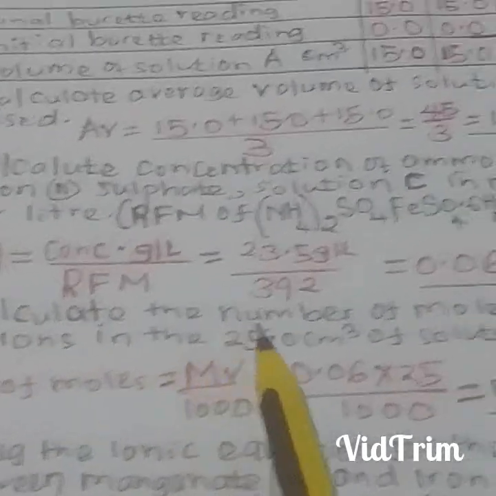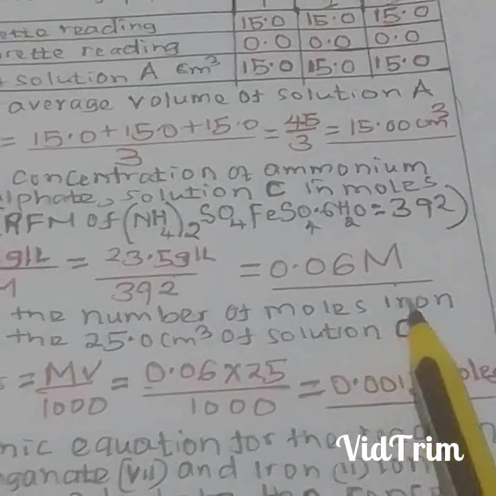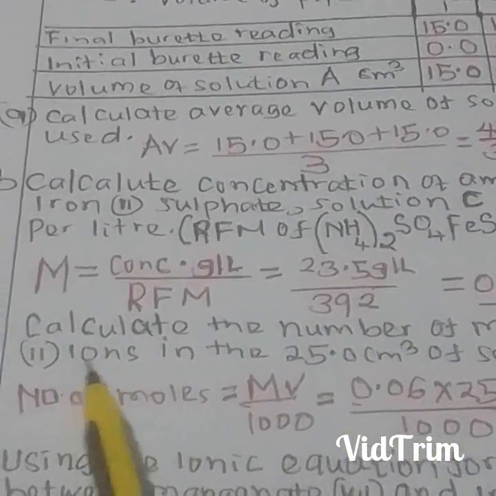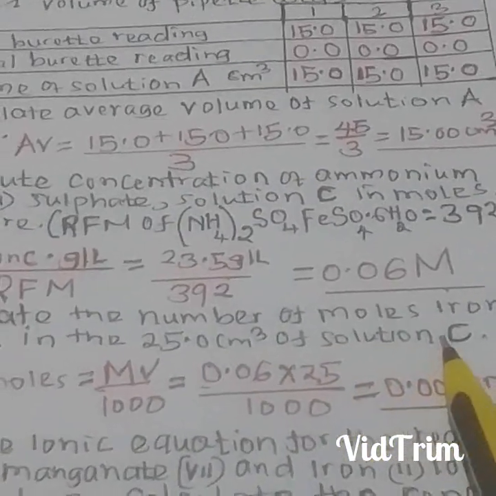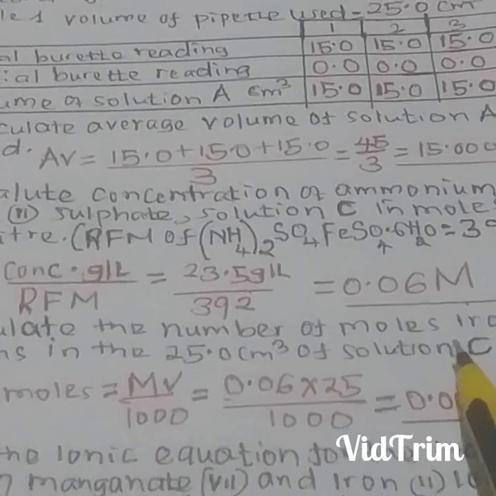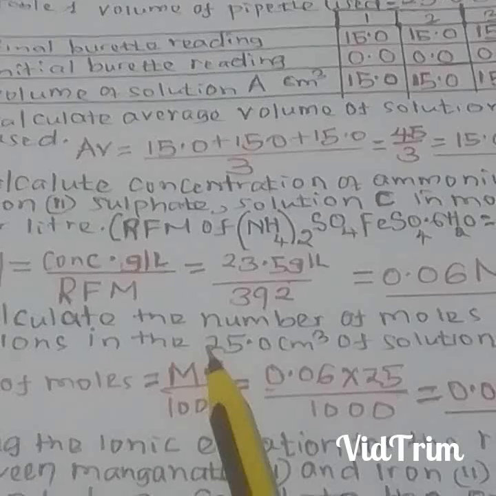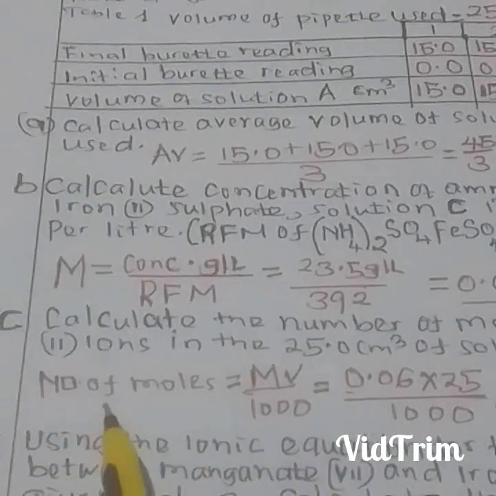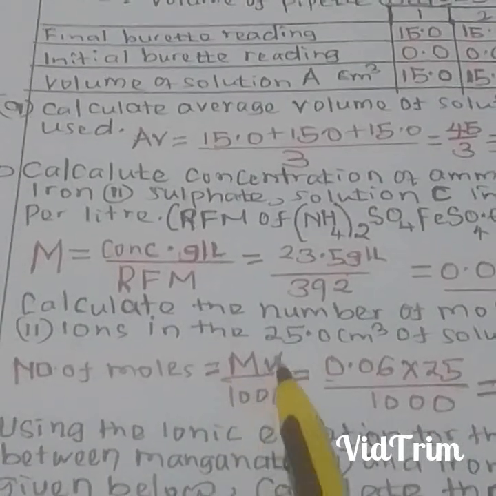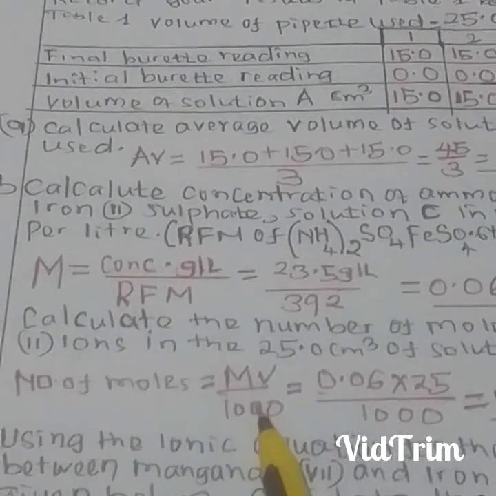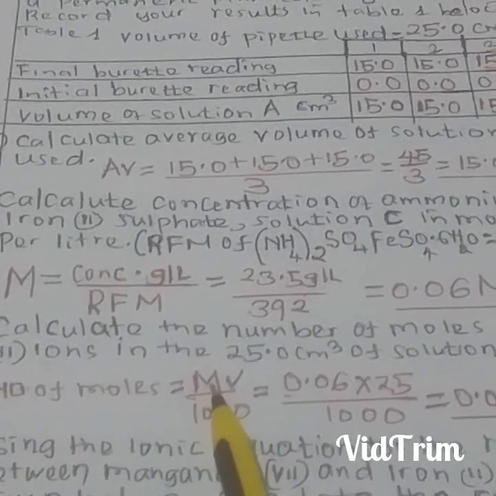C. Calculate the number of moles of iron 2 ions in 25 centimeter cube of solution C. Solution C is containing iron 2 ions. Is it okay, my student? The volume is 25. So there is this formula: number of moles is equal to molarity times volume all over 1000. Is it okay, my student? But do we know the molarity of iron 2 ions in solution?